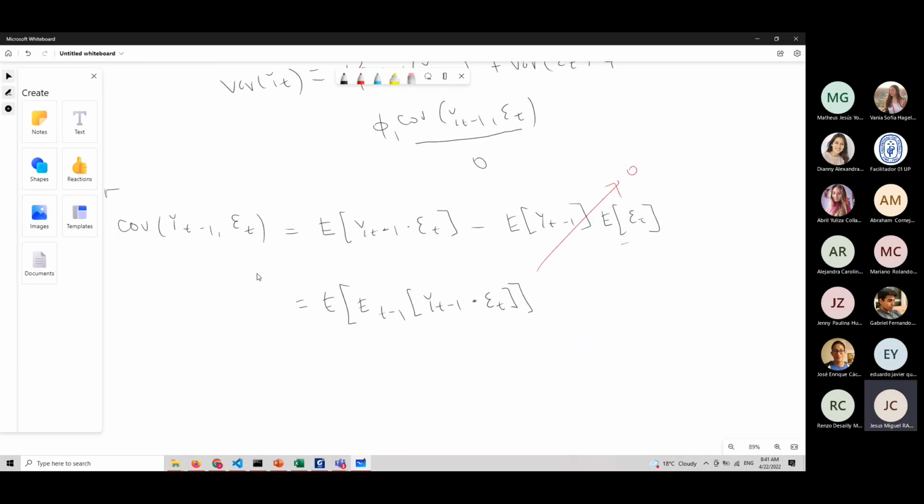Then we can take yt minus 1 out of the expectation because it is known at this time, leaving yt minus 1 times the conditional expectation of epsilon t. What is the conditional expectation of epsilon t given information at time t minus 1?